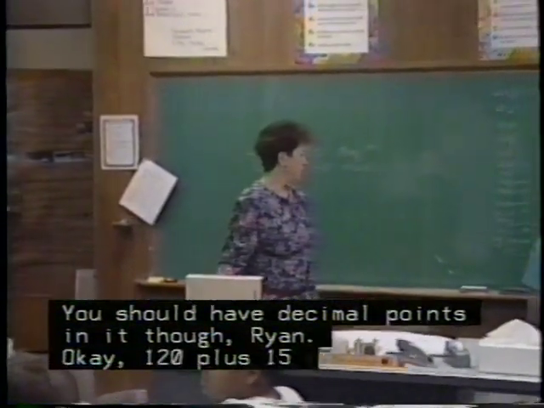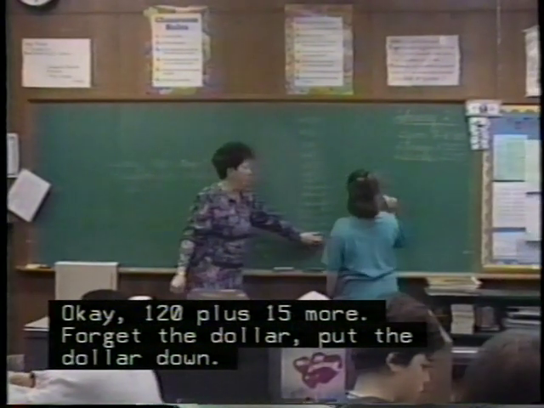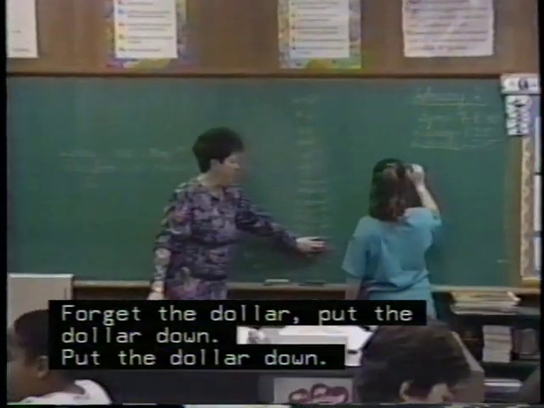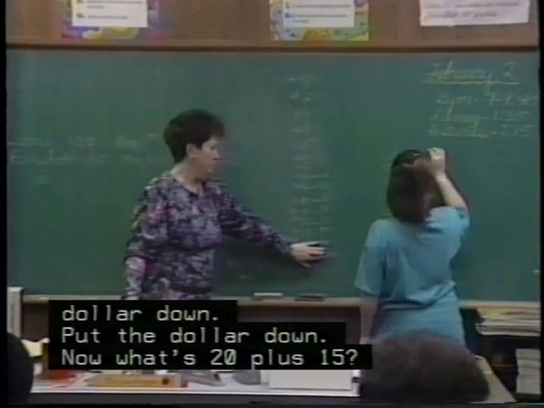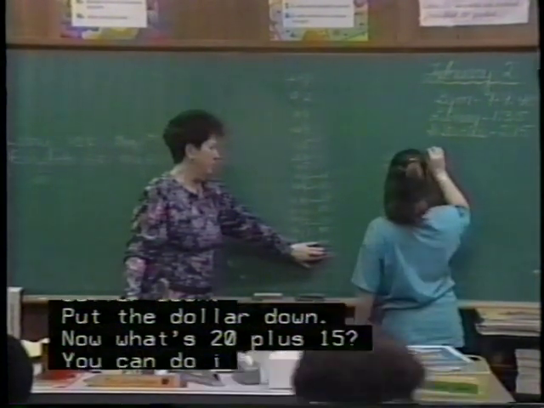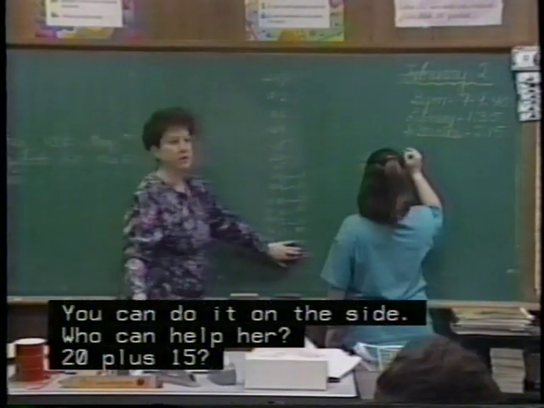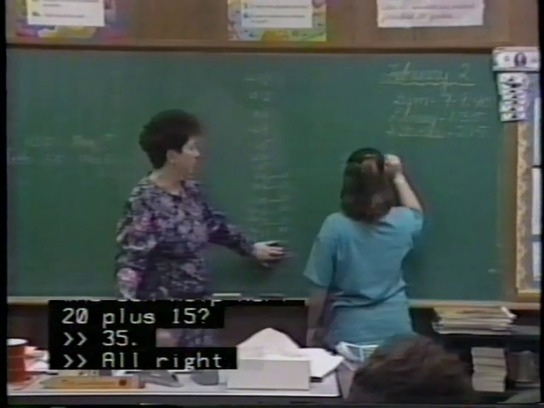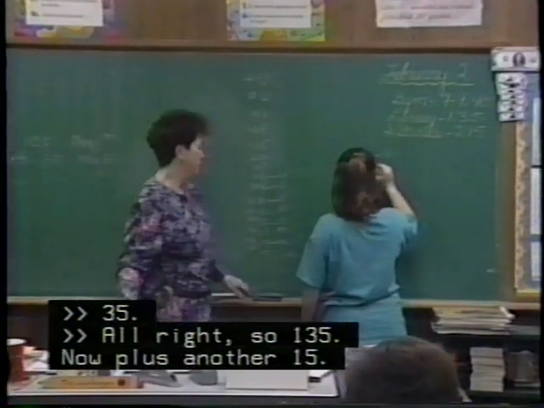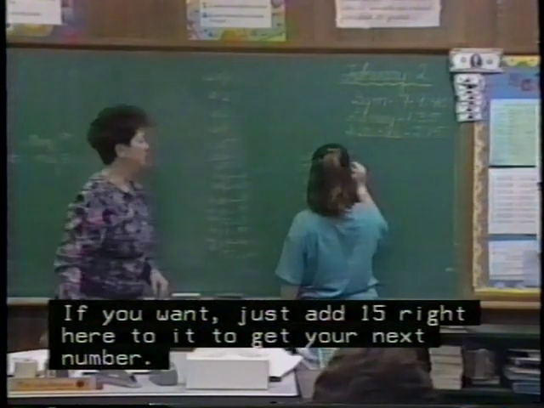Okay, 120 plus 15 more. Forget the dollar. Put the dollar down. Now what's 20 plus 15? You can do it on the side. Who can help her? 20 plus 15. 35. All right, so 135. Now plus another 15. If you want, just add 15 right here to it to get your next number.